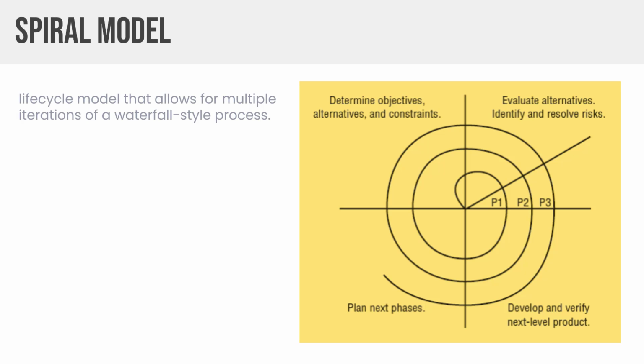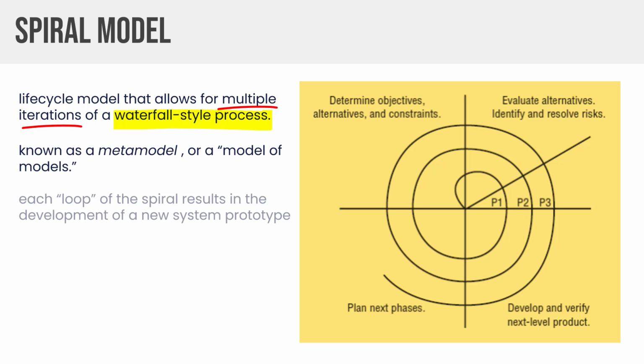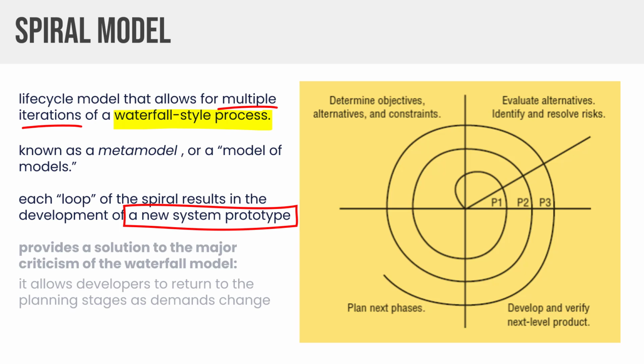And then there's the spiral model. So the spiral model is a software development lifecycle model that allows for multiple iterations of a waterfall style process. So it's known as a meta model or a model of models. Each loop of the spiral you see on the right there results in the development of a new system prototype, a new iteration, if you will. So it provides a solution to the major criticism of the waterfall model.